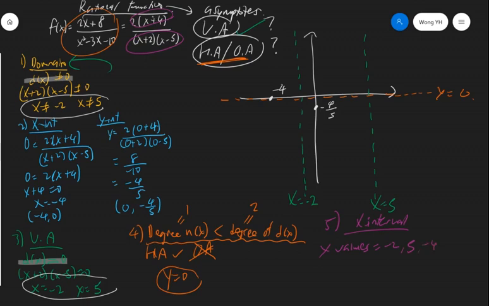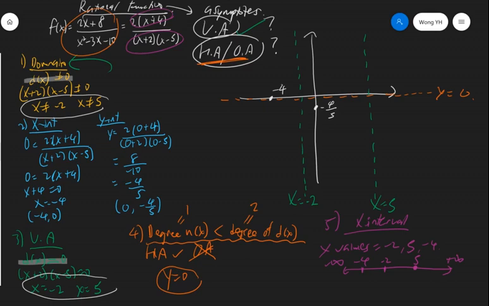So we have 3 x values. What you need to do is arrange these 3 x values in a straight line from small to big value. So minus 4 is here, followed by minus 2, followed by 5, correct? And both ends will be infinity.